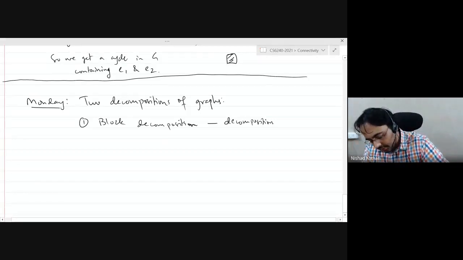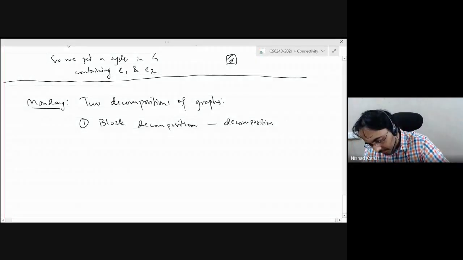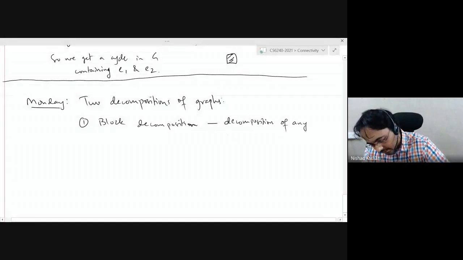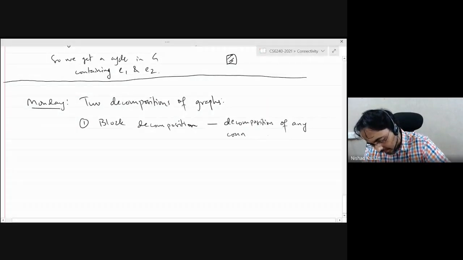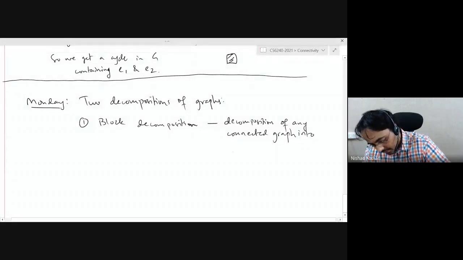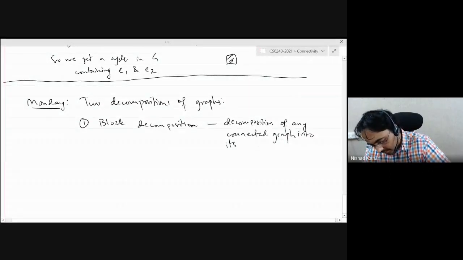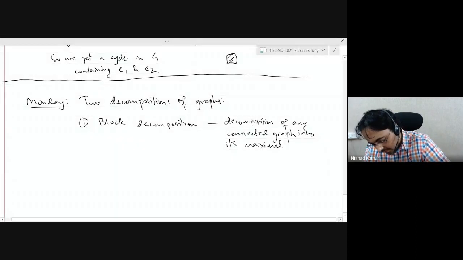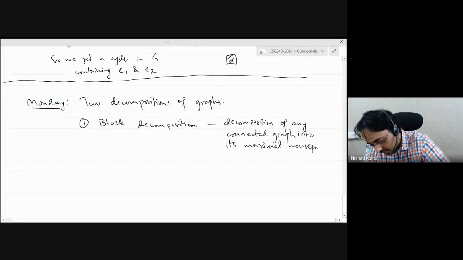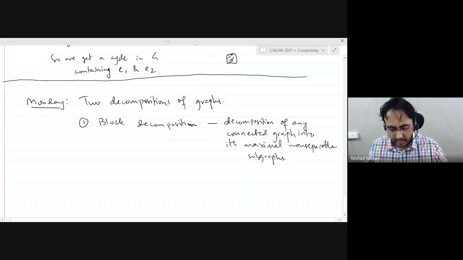A decomposition of any, let's say, connected graph, because we don't care so much about disconnected graphs, into its maximal non-separable subgraphs. And I am assuming that most of you have seen this in a previous course.